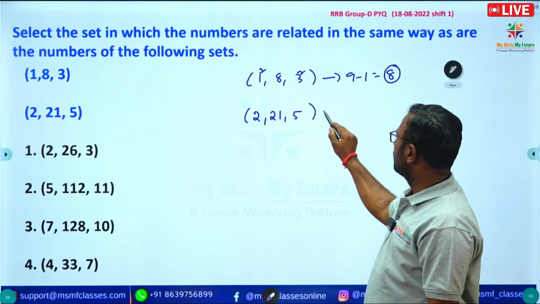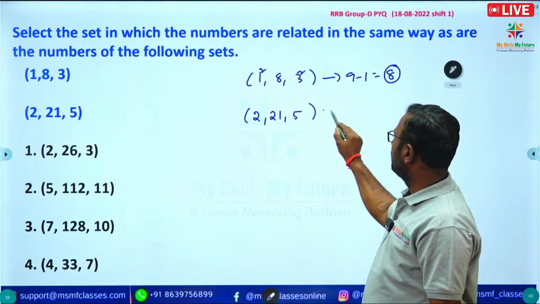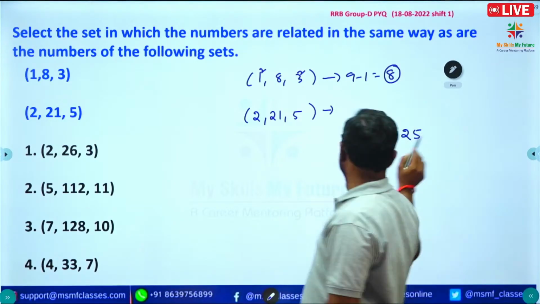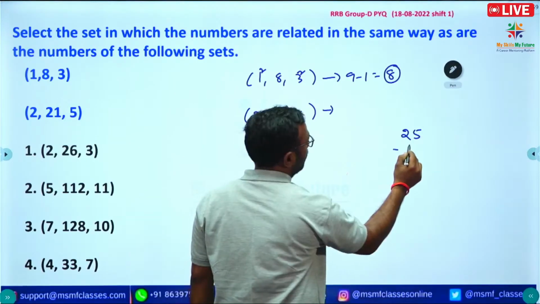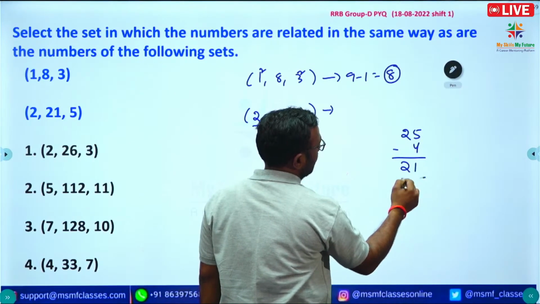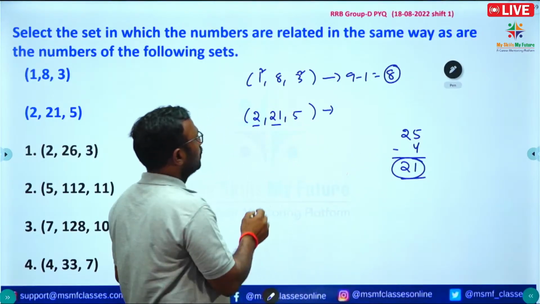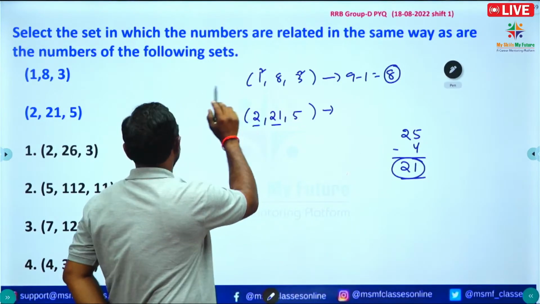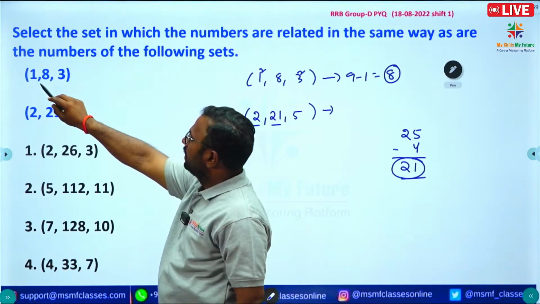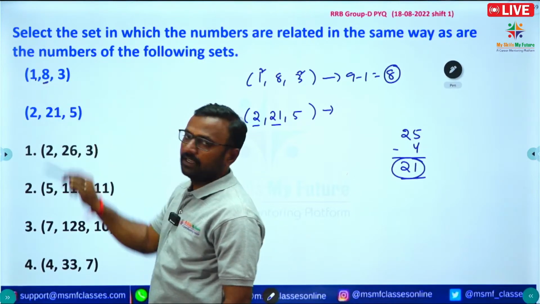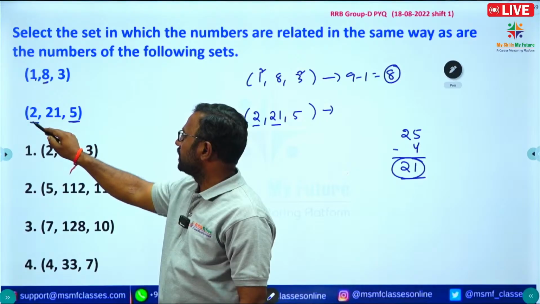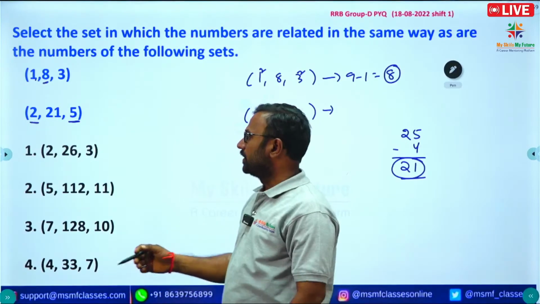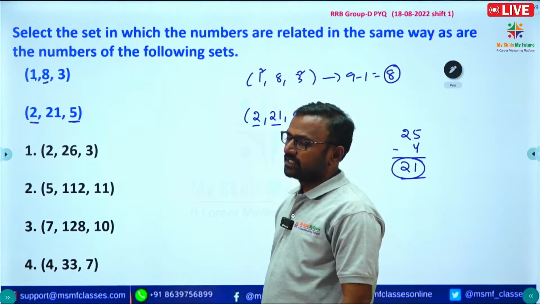See the logic here: 5 square is 25, 2 square is 4, so 25 minus 4 is 21. So 3 square minus 1 square we get 8, and 5 square 25 minus 2 square 4 gives 21. Which option will satisfy the same logic?